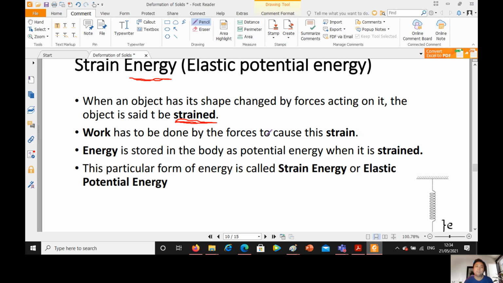Work has to be done by the forces to cause the strain. The energy is stored in the body. In the case we talk about, the body is a spring. So the body has a potential energy when it's strained, and this potential energy has a name, that is elastic potential energy or strain energy.